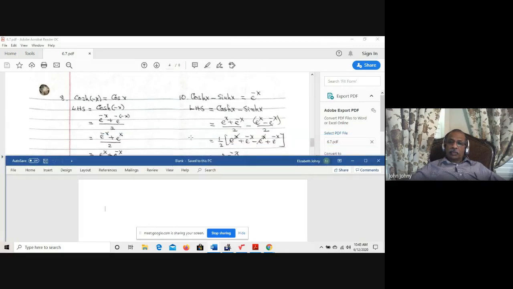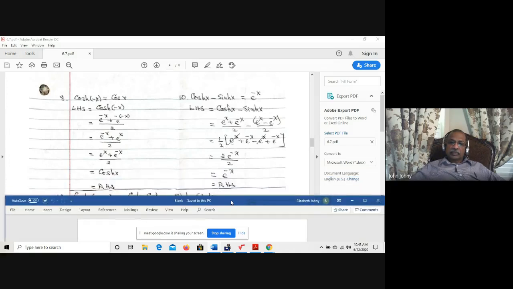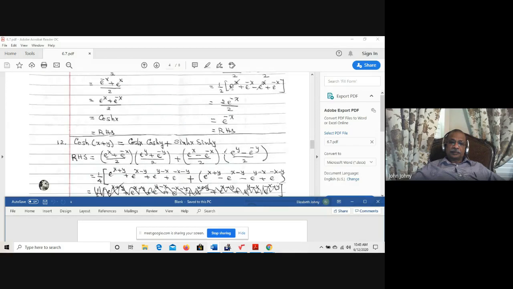You pull out a 1 half, so 1 half times e to the x plus e to the negative x. Now you distribute the negative sign, minus e to the x, plus 2 negatives makes a positive, plus e to the negative x. e to the x cancels, so you have e to the negative x plus e to the negative x, that is 2 e to the negative x divided by 2. Answer is e to the negative x, and that is the right side.